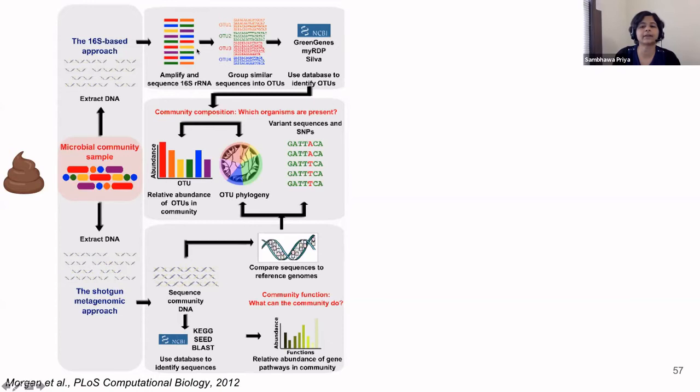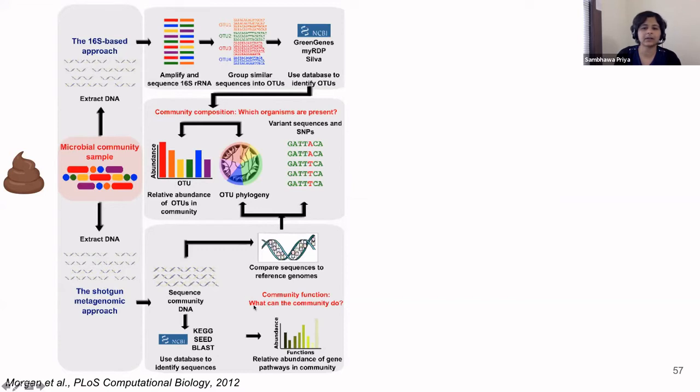I'm not going to get into details here, but the idea is you amplify and sequence this gene, and you do the grouping and match against databases to identify the composition: which microbial sequences, OTUs, are present and at what abundance. And then there is the shotgun approach, where you grind up all the DNA in the microbial community in the sample, and you align and assemble the reads and match to databases.